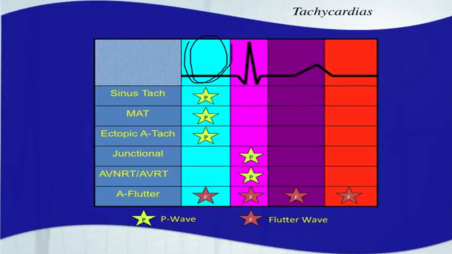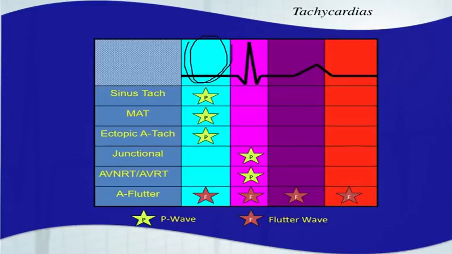With multifocal atrial tachycardia, your P wave changes shapes. You need at least 3 different shapes. Some people say you need at least 5 different shapes for it to be MAT. And your PR interval will vary as well. With ectopic atrial tachycardia, you might have a normal PR interval, but the P wave will be inverted in leads where it should be upright.